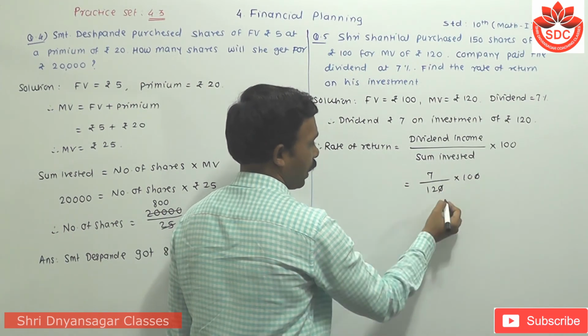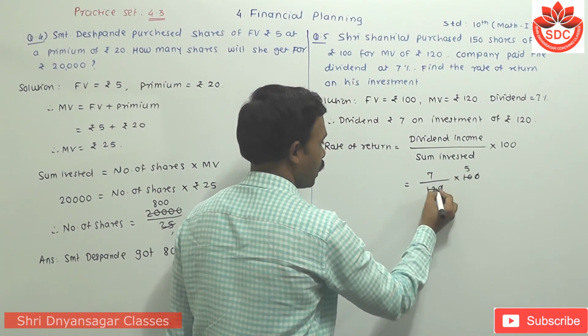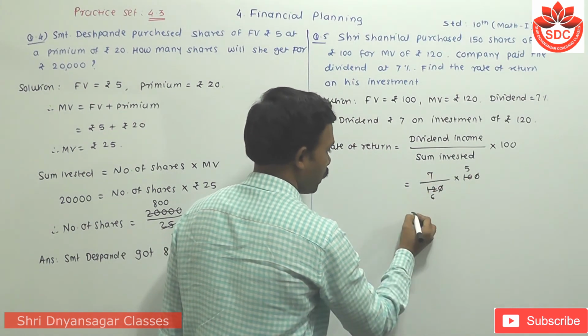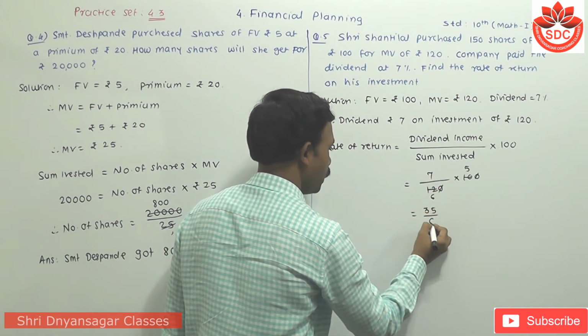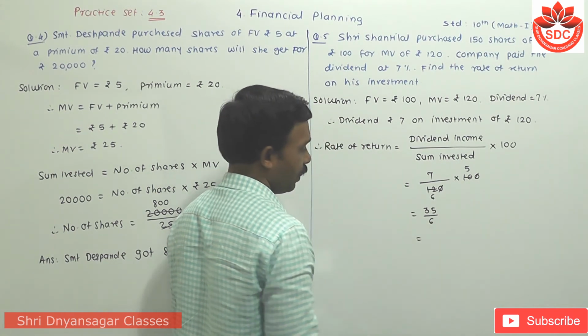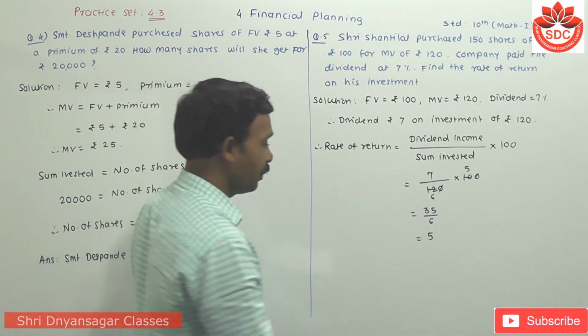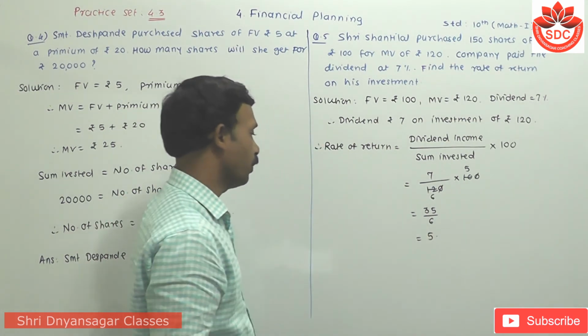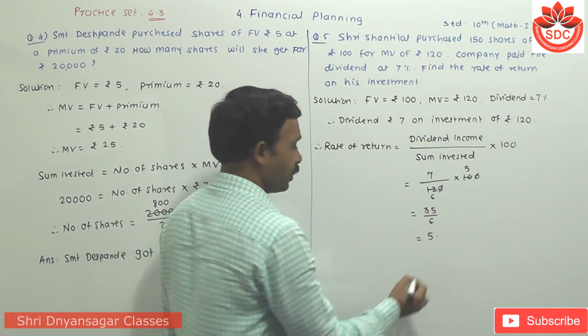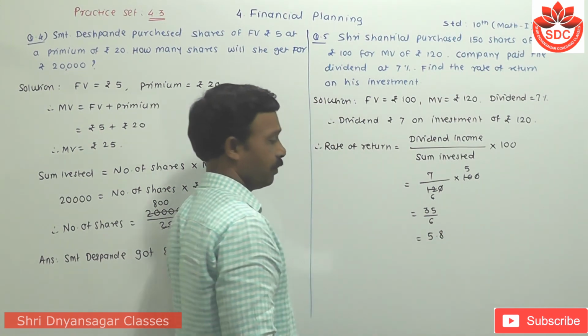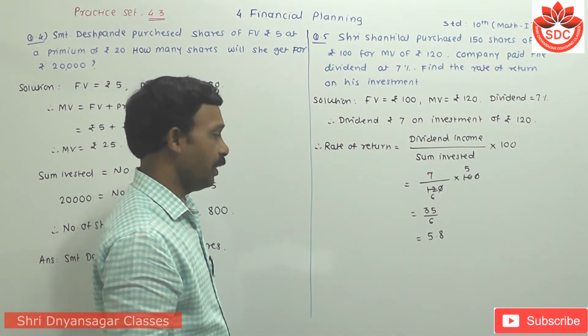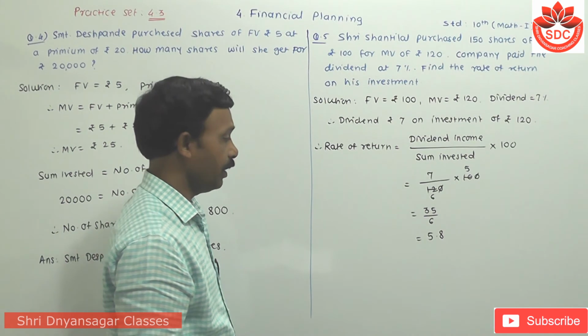Student, this 10 gets cancelled, 2 6s are 12, then 7 5s are 35 upon 6. We can divide again. 6 5s are 30, carry 5. We cannot divide, take decimal point, it becomes 50. 6 8s are 48, carry 2, becomes 20.